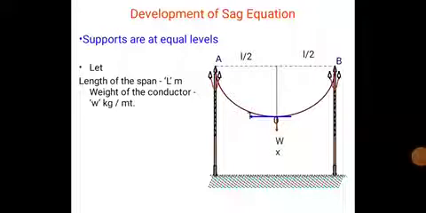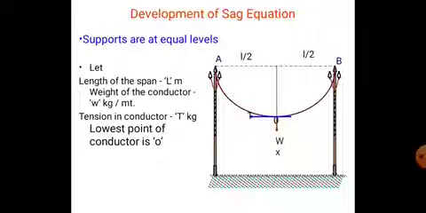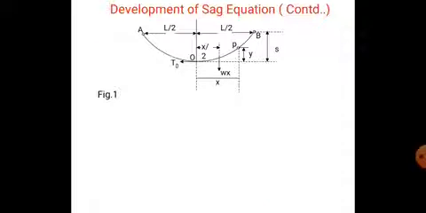Let the length of the span be L meters and the weight of the conductor be W kg per meter. The tension in the conductor is T, and the lowest point of the conductor is O. Here at point O it acts as sag.